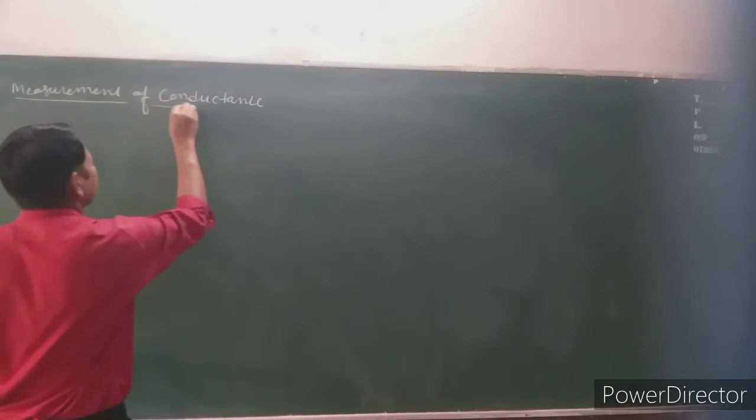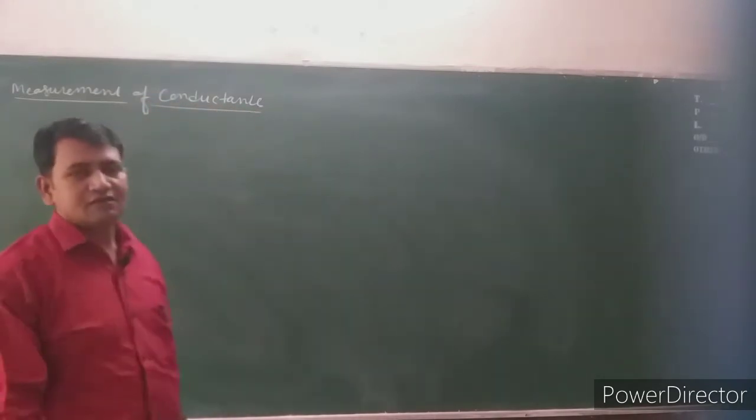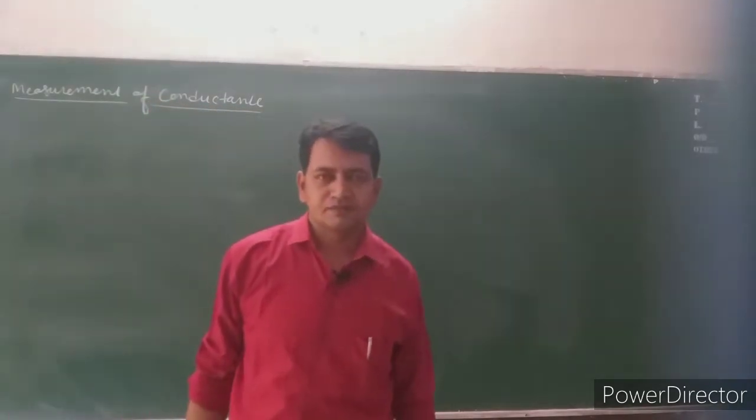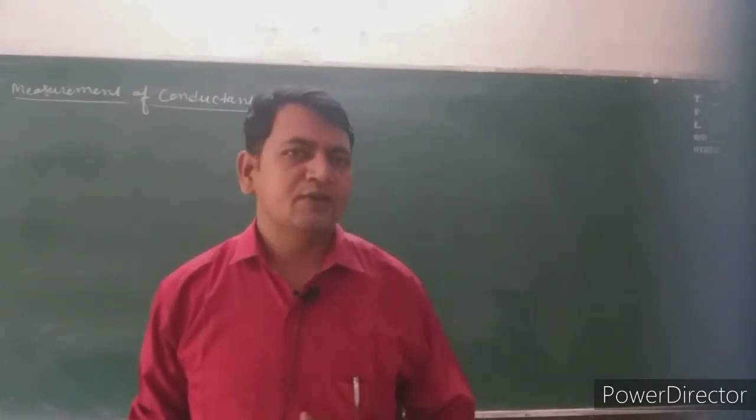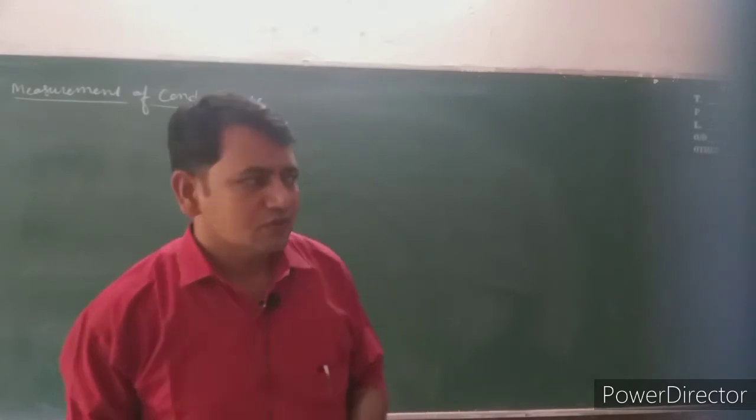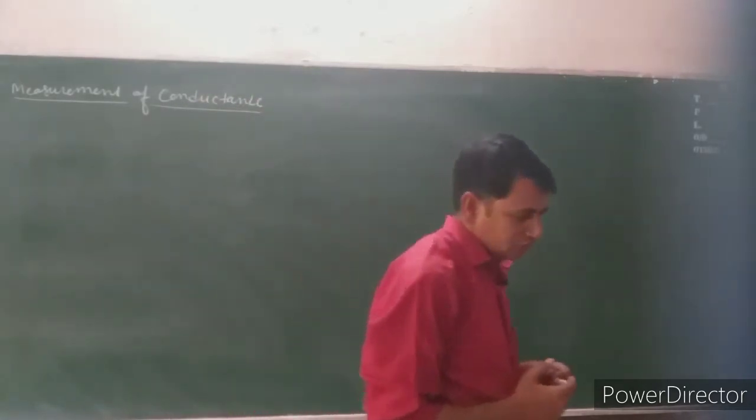Basically, we know that conductance is measured in terms of resistance, but the resistance can be measured accurately for solid conductors, or we can say metallic conductors, not for all types of conductor.